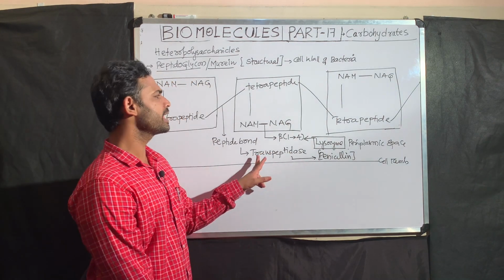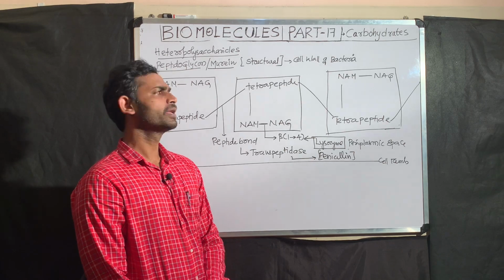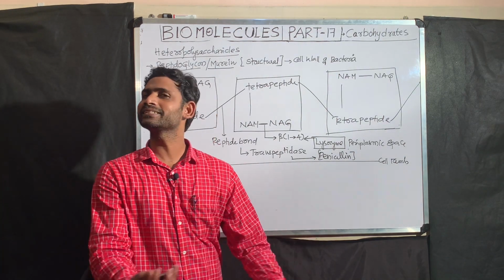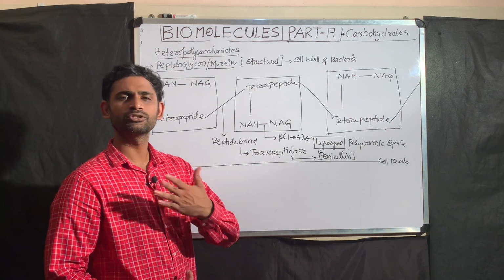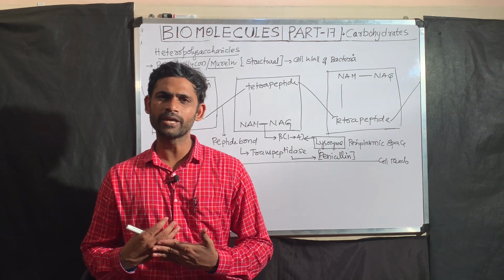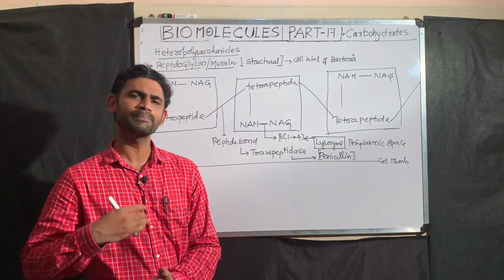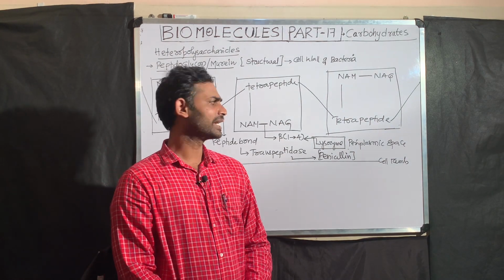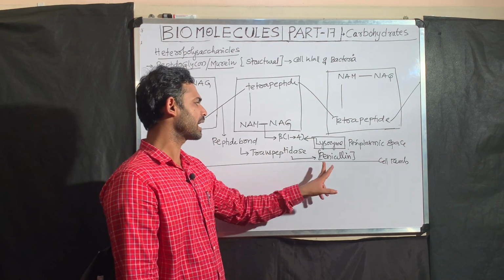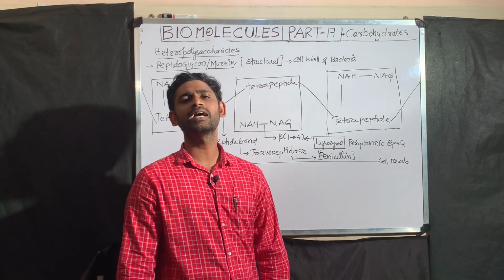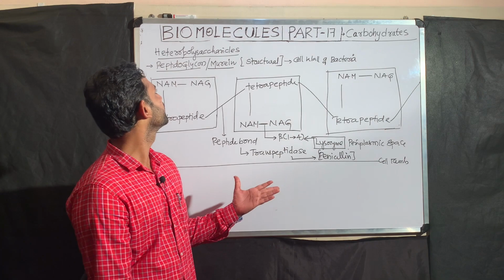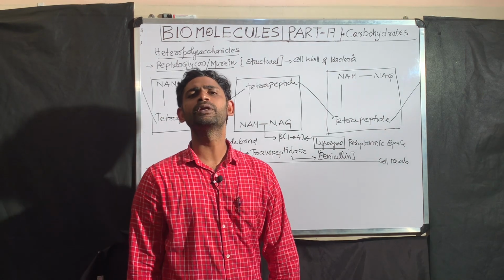When transpeptidase is inactivated, there is no peptide bond formation, so no peptidoglycan synthesis, no cell wall synthesis. When there is no cell wall, the outermost layer is the cell membrane, so the bacteria are very susceptible to die. That is why the target of penicillin is transpeptidase. These 2 points you should remember about peptidoglycan.